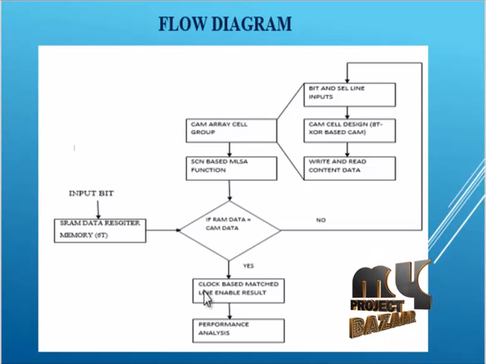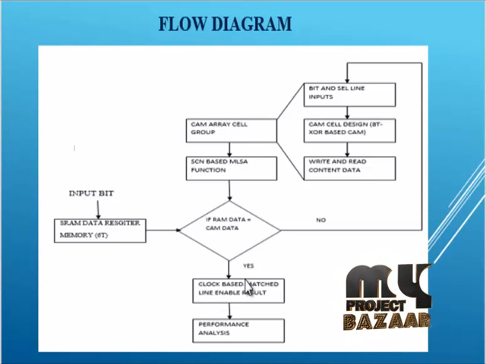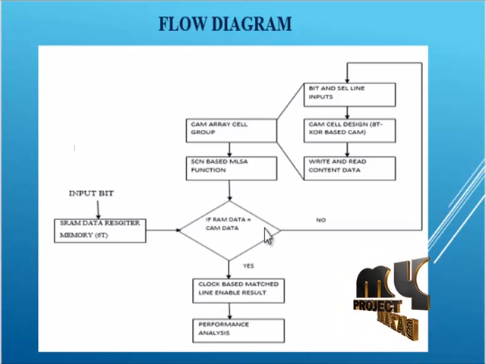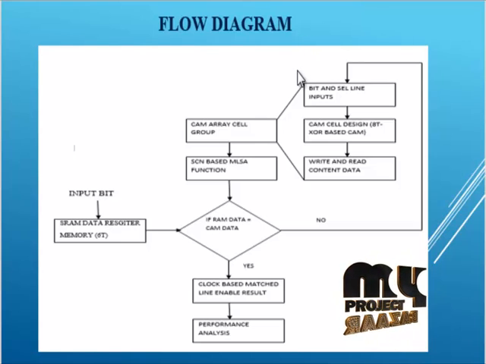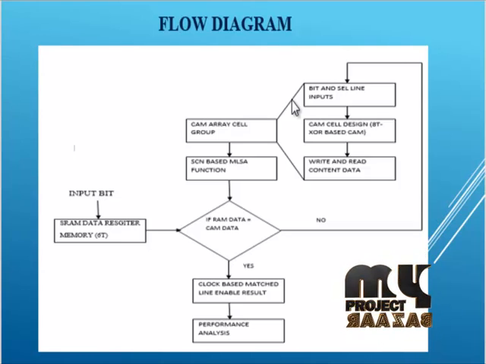It contains the CAM block that operates using self-timed control, with the input controllers. Knowing the bit on the selection lines, from the beginning the CAM array of cells is grouped into a matrix, and we combine the XOR and NMOS levels.